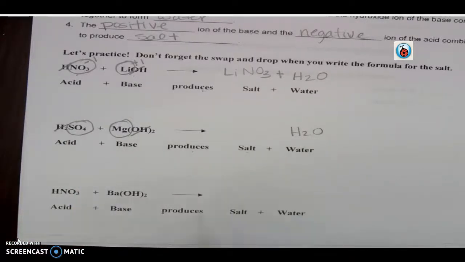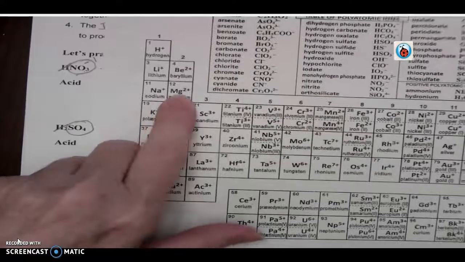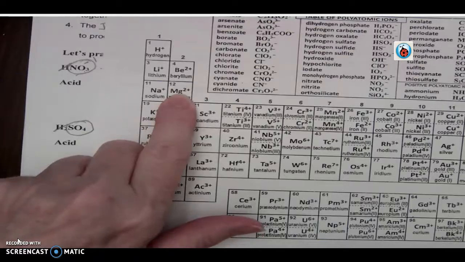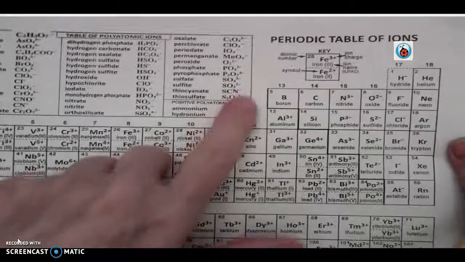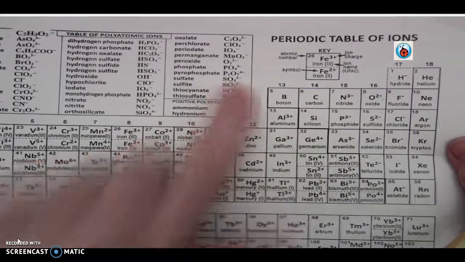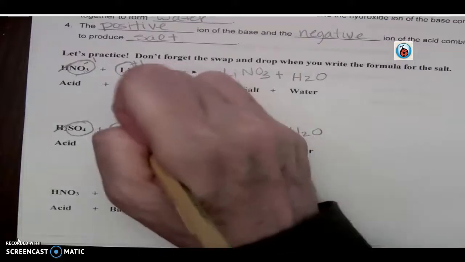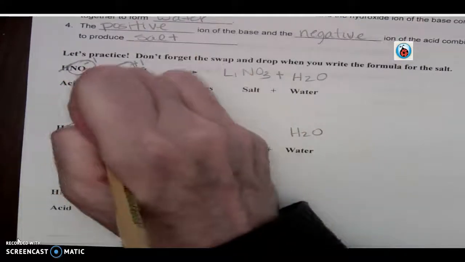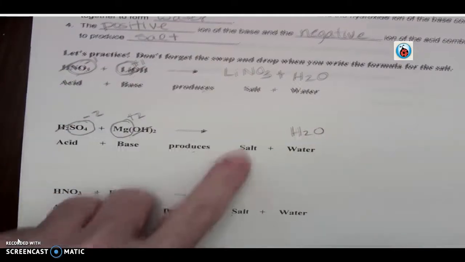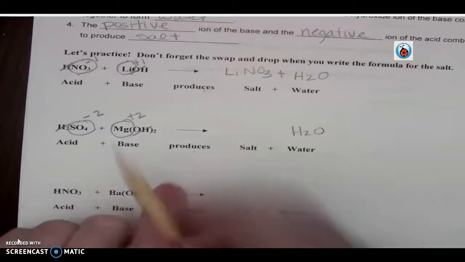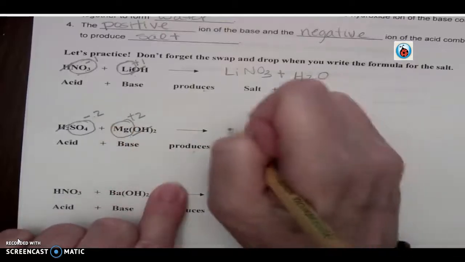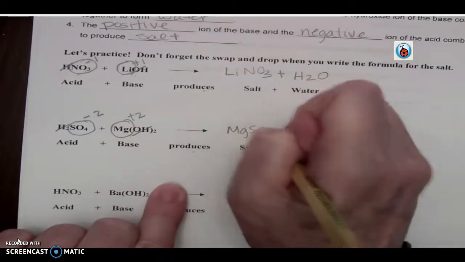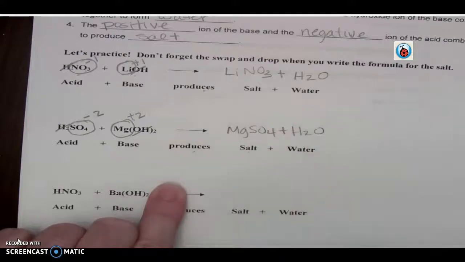So what's the charge on that magnesium? Let's get the charge. We got the +2 charge on our magnesium. Sulfate is a -2. So I got the +2 magnesium, the -2 sulfate. So I'm going to form magnesium sulfate. +2 and -2 cancel out. So I get MgSO4 plus water.